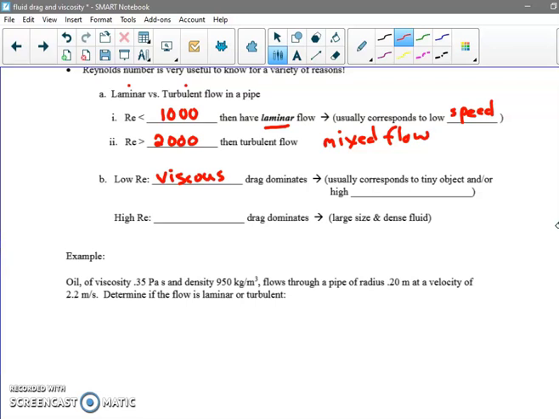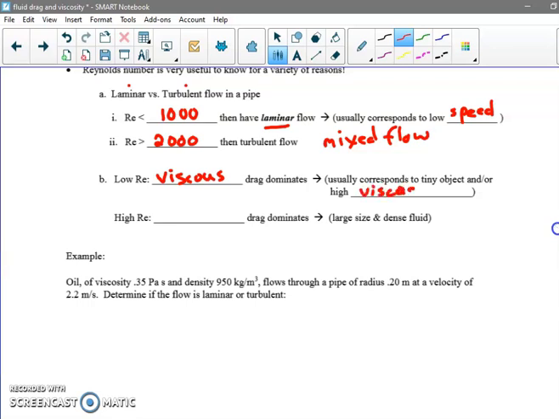And what's important in terms of things trying to move through a fluid like water, it usually corresponds then to a tiny object. Sorry, I'm not meaning to cross it out, that's to underline it. Because a tiny object in the numerator of the Reynolds number equation is going to give you a small number, and/or a high viscosity.